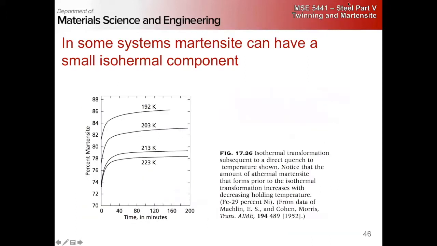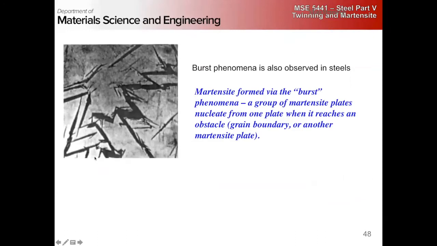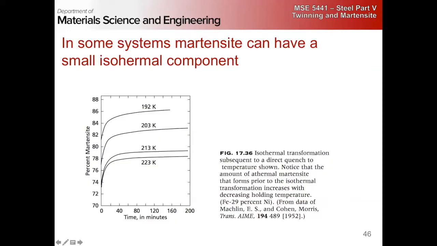Okay. Some martensitic systems do have what's called an isothermal, not isohermal as I wrote here, transformation. Basically, this says that there is a little bit of time-dependent transformation. So this is an iron-nickel, and you can see depending on the temperature, you get a small increase after you hold it with time.